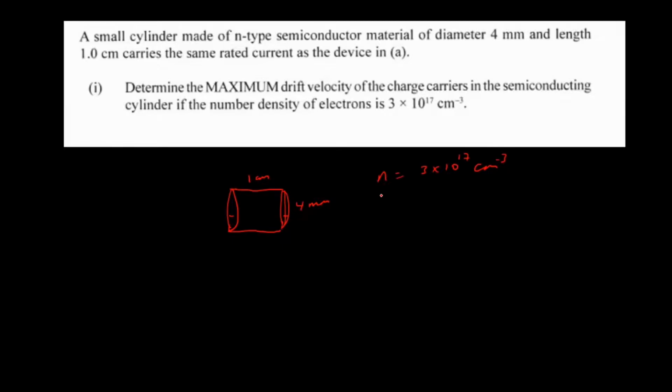We also know the current, which is 0.5 amps, from the previous question. In terms of the length, I don't think we need the length in this part of the question.